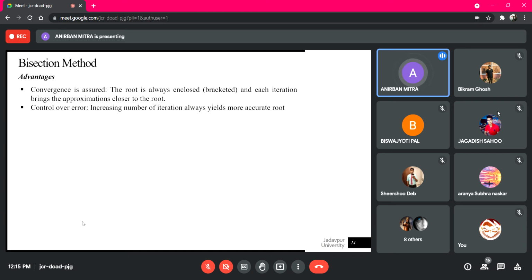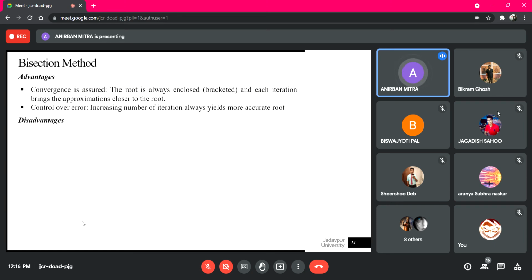If you increase n, that means the factor 2 to the power n also increases, and that means the search interval is getting smaller and smaller. If the search interval gets smaller and smaller, obviously you are more closely approaching the actual solution. So that is what is meant by the control over error. Inherently, these methods would reduce the error below the specified limit.